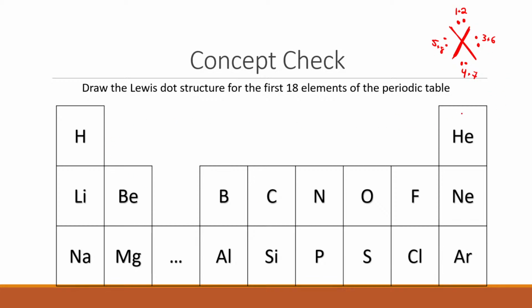And using your periodic table, look at how many valence electrons each of these things has, and draw the correct Lewis dot structure. Put these dots around these symbols to get the correct configuration, to get the correct Lewis structure. I'm going to give you about 3 minutes here.